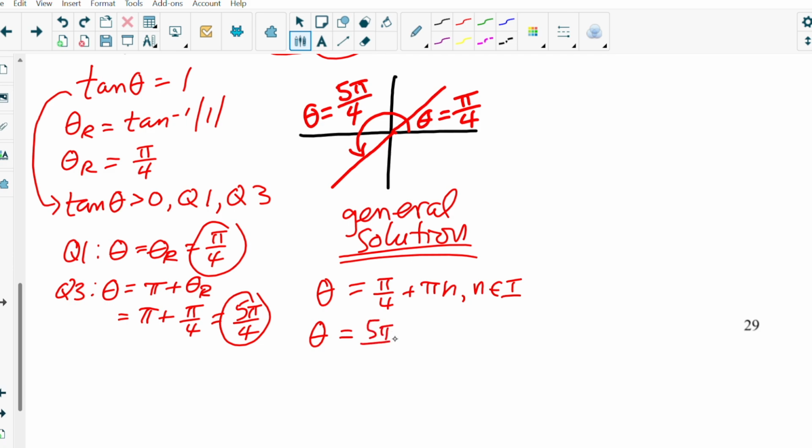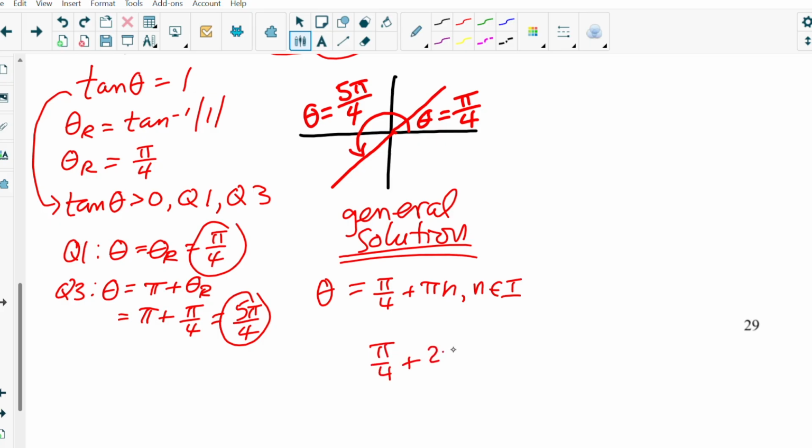Do I need to say theta equals 5 pi over 4 plus pi n? No, because that's redundant. If I plug in a 1, that's pi over 4 plus pi, which is 5 pi over 4. So we don't need to state 5 pi over 4 and add pi n to it. That's just redundant.